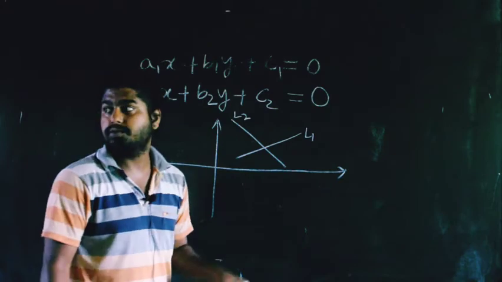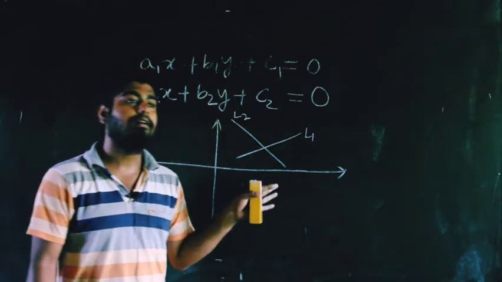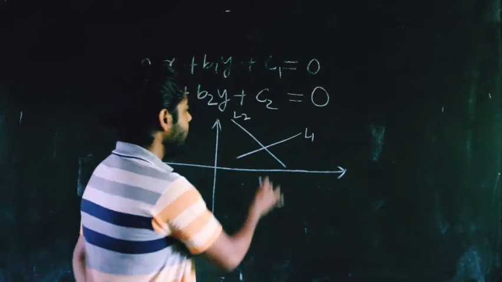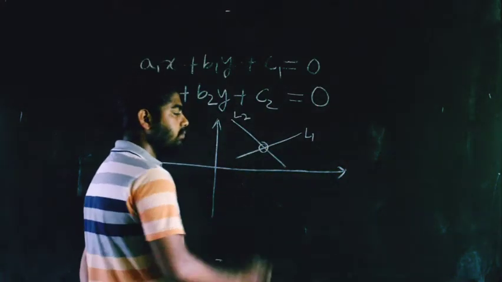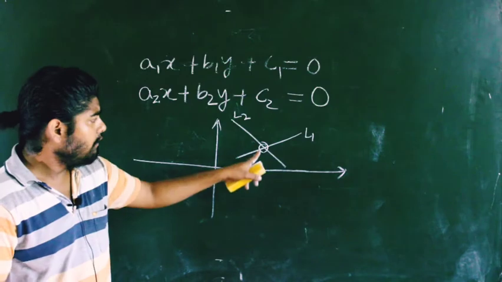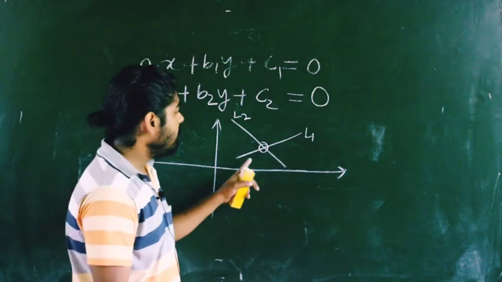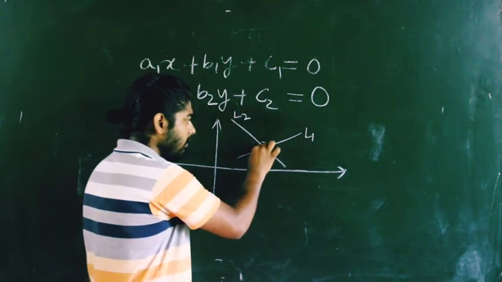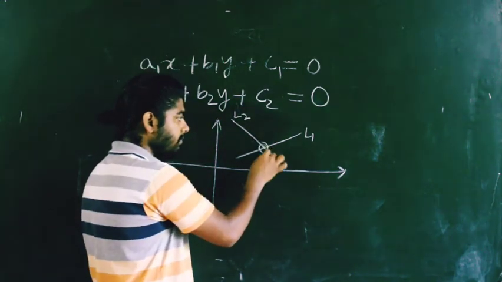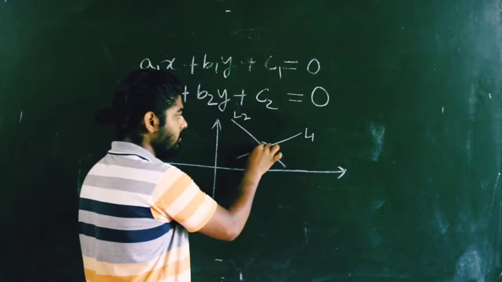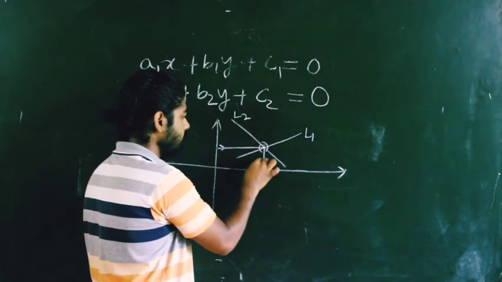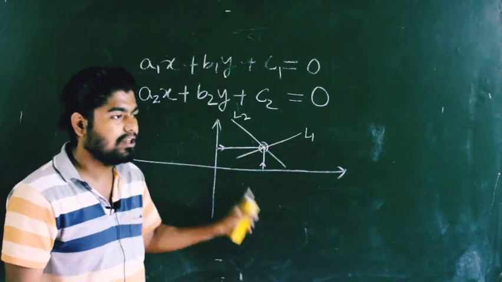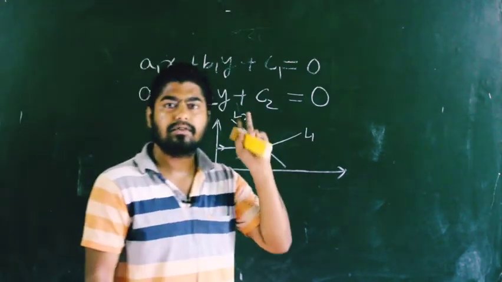Now see this particular point. For this point, you will have the same x and the same y for both the lines. That means for line 1 and line 2, you will have the same x, same y.